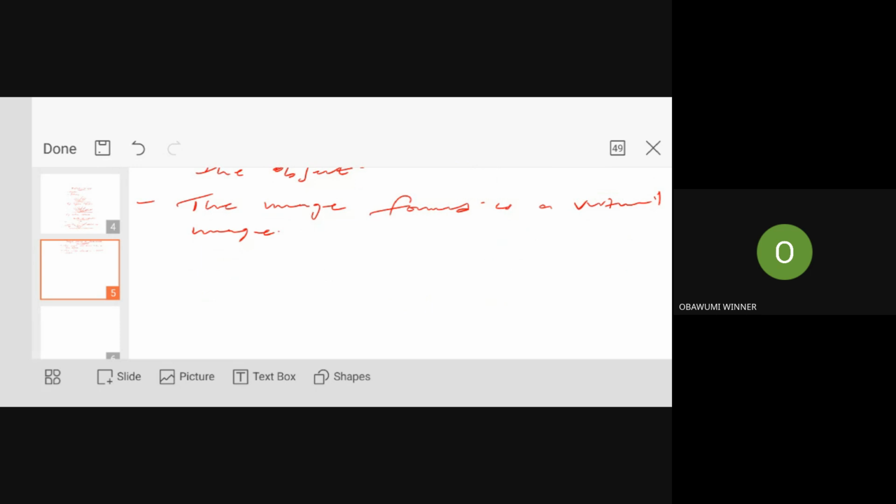The third property you must know is that the image has lateral inversion. So you can say images are laterally inverted. So this is the third property for images that are formed on a plane mirror.